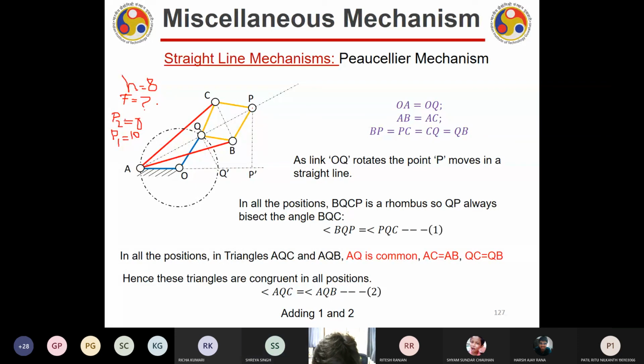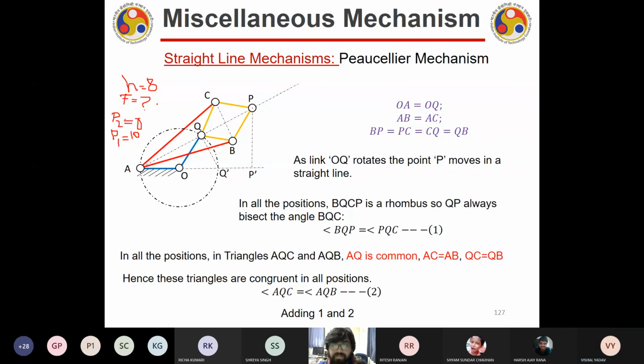Tushar Bajaj, you got the same answer? Okay, fine, Sumit, note down. Vishal Yadav? Yes sir. You got the same answer? Yes sir.